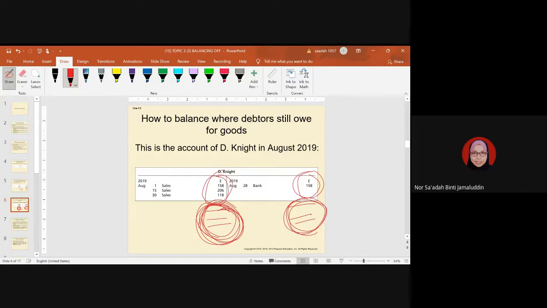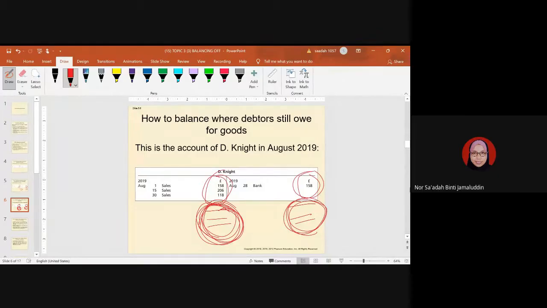So you should total all the debit amount and then you should total all the amount in the credit. Okay, let's say for the debit side, you have 158, 206 and 118. And then the credit side you just have 158.